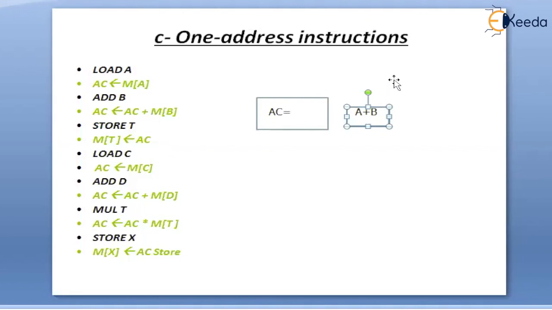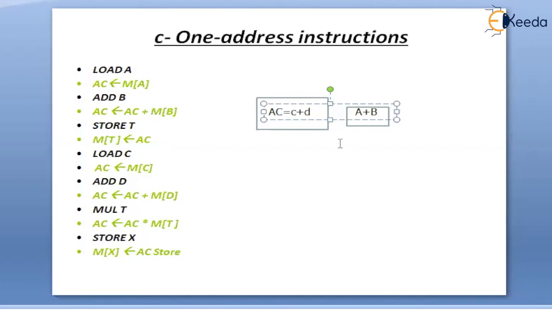In T, A plus B has been transferred. I'm not writing T in order not to waste time. A plus B has been transferred to T. Now what we do is, we will load C. The accumulator will be loaded with C. And then we'll say add D. Accumulator is equal to accumulator plus D.